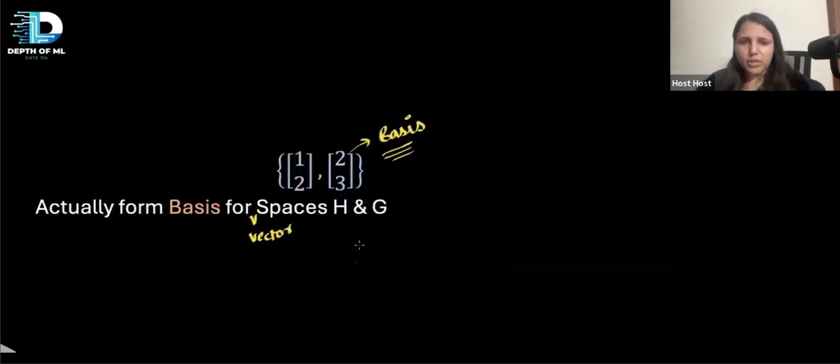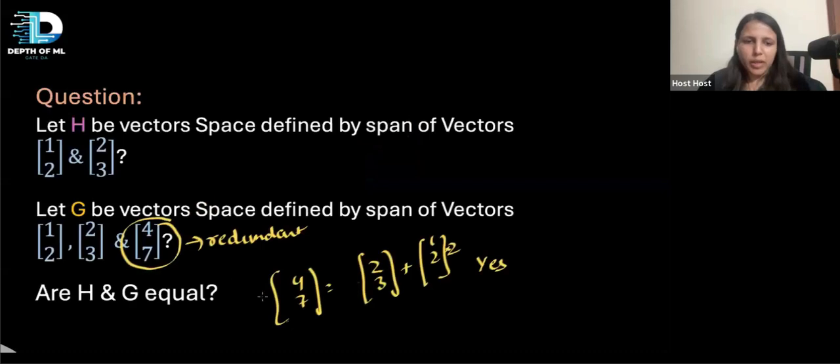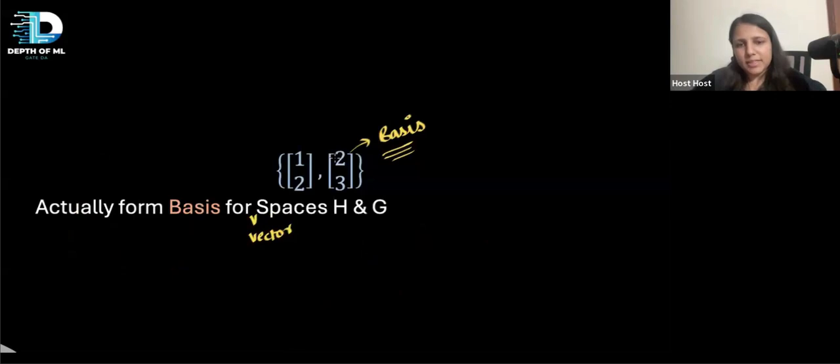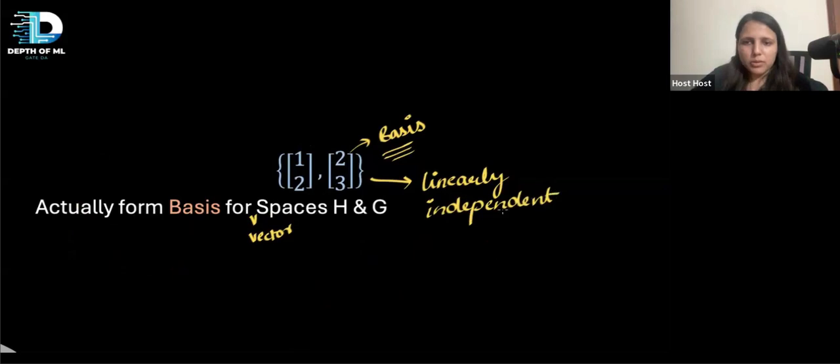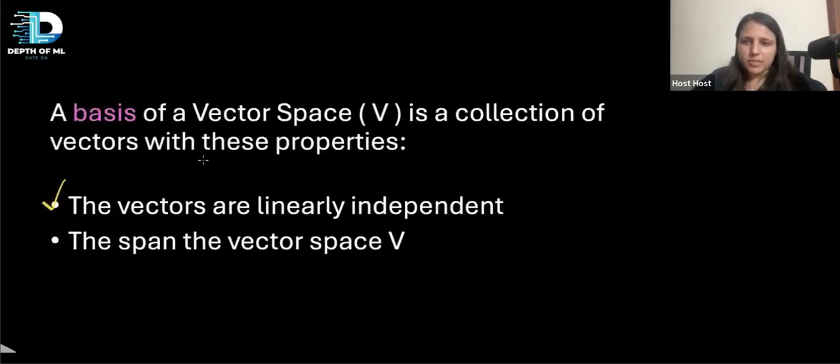We already saw that these two are linearly independent, and you very correctly pointed out that this is redundant because it is a linear combination of these two, which are linearly independent vectors. So I satisfied the first condition.